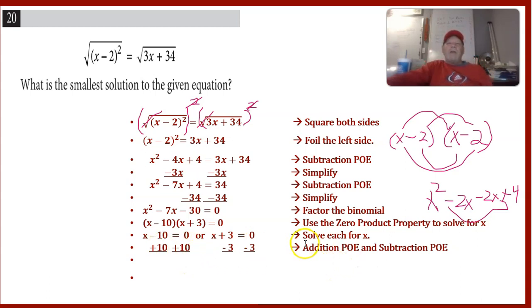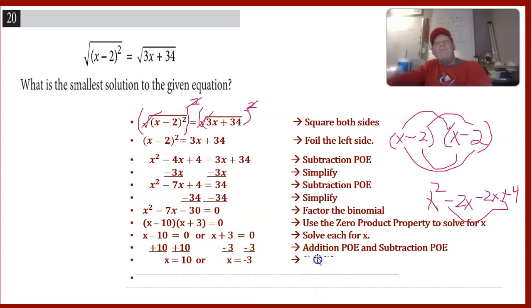The first one where I'm adding 10 is called the addition POE, property of equality. And then when I subtract 3 from both sides is subtraction POE, subtraction property of equality. So this crosses out here, and I got x equals 10. This crosses out here, I got x equals negative 3. All I did there was simplify that.